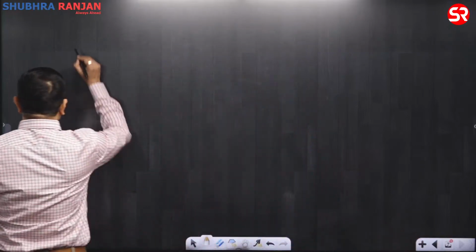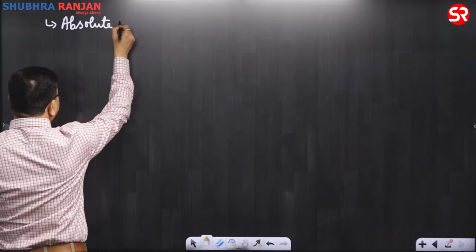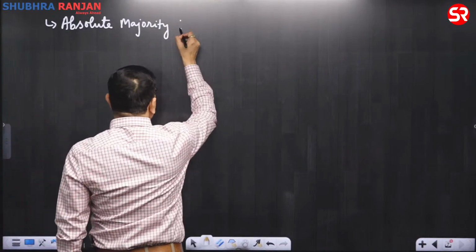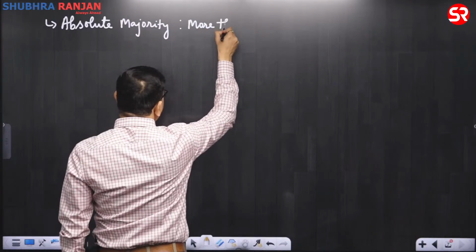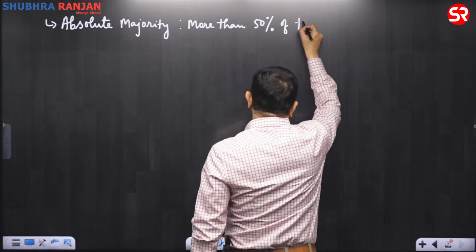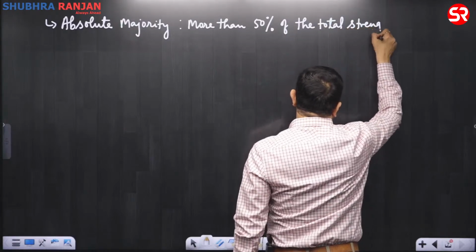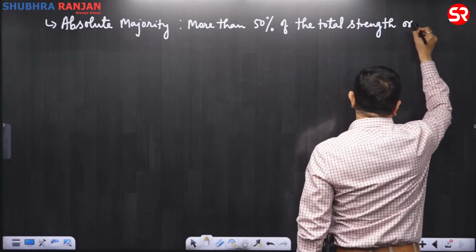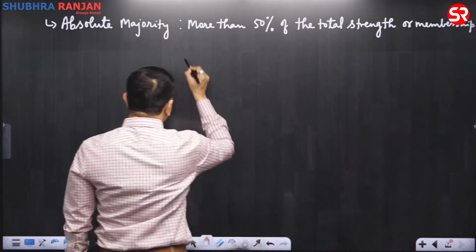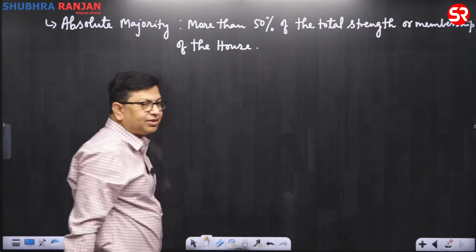Then coming to the second type of majority, it is absolute majority. Absolute majority is more than 50% of the total strength or membership of the house.